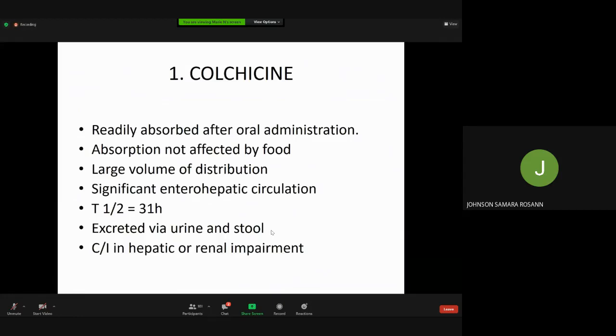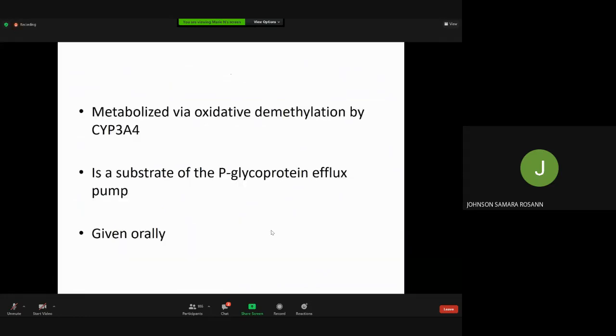It undergoes significant enterohepatic circulation, and its half-life is actually quite long, about 31 hours, because of that enterohepatic circulation that keeps it in the system. Excretion is via both urine and stool. And you should be aware that it is contraindicated if your patient has got significant hepatic or renal impairment.